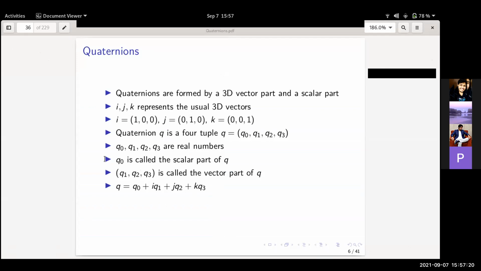But fortunately, once you included that i, any polynomial with complex coefficients also has roots in the complex domain itself. You don't have to go beyond complex numbers. So complex numbers are also called closed under algebraic operations. Algebraic operations means basically these polynomials and other things. That is an interesting property for complex numbers.